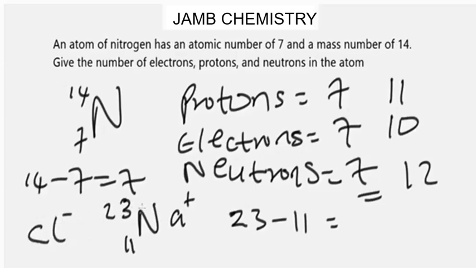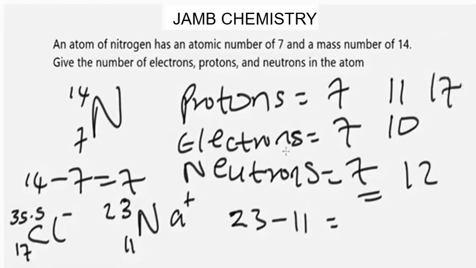To find the number of protons, the atomic number of chlorine is 17. The mass number of chlorine is 35.5 or thereabouts. So the number of protons for the chlorine ion is 17.